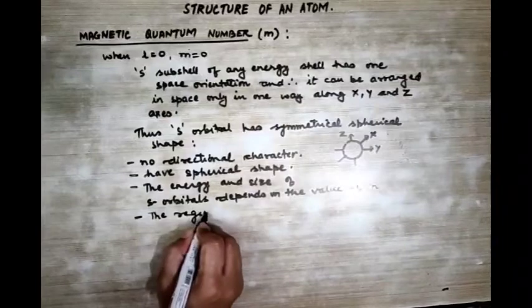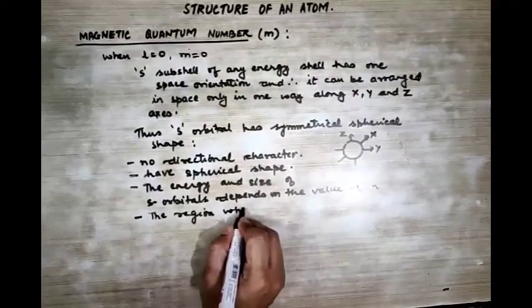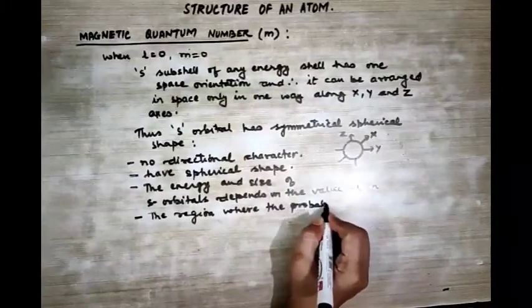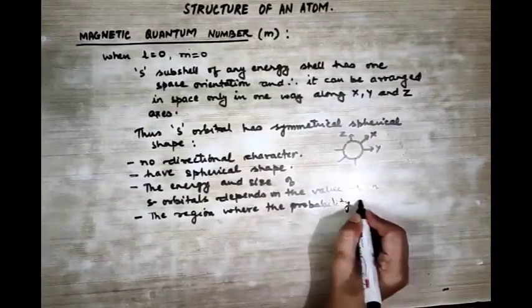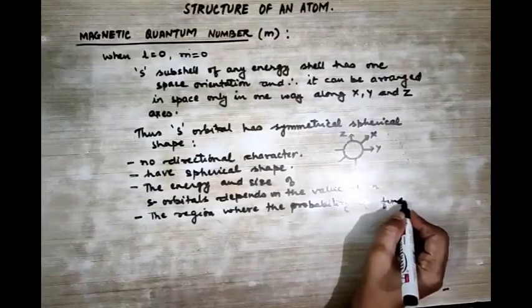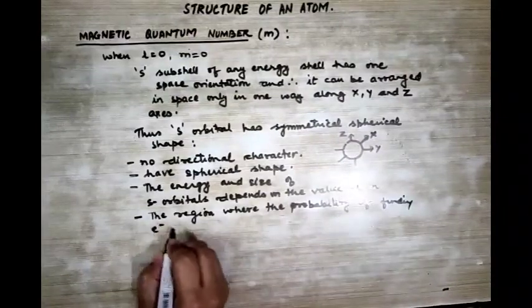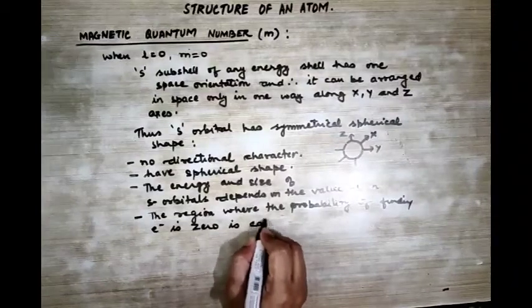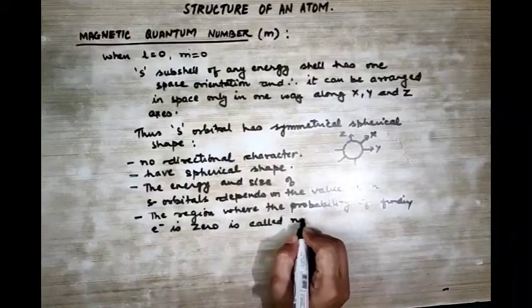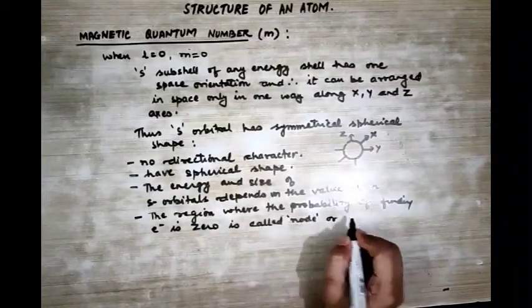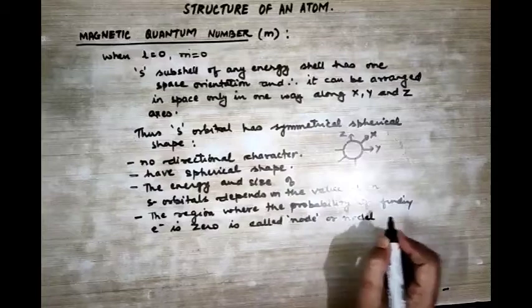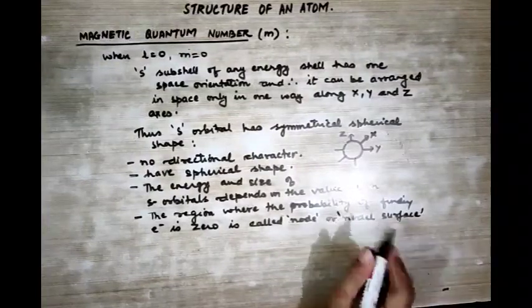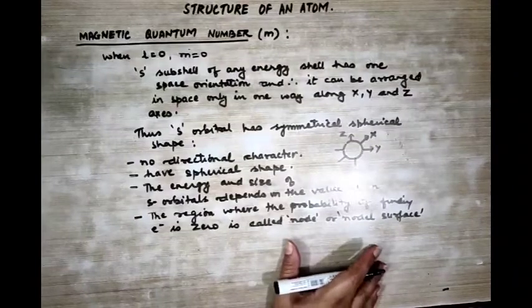The region where the probability of finding an electron is 0 is called node or nodal surface. Clear? Is this point clear?